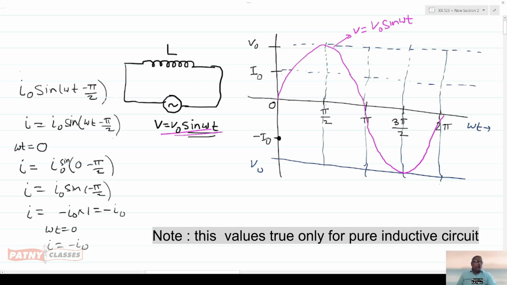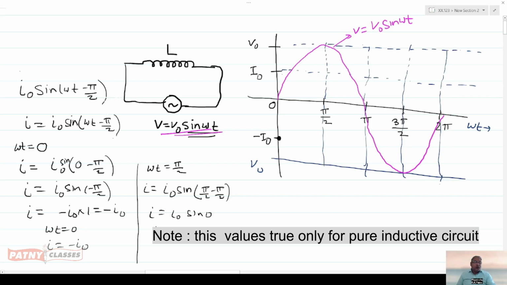First of all, let us plot the points, then we will join them to get the graph, as we did in the 10th standard when we used to draw graphs. The same way I am trying here. Now let us take omega t equals pi by 2. Then I get I equals I naught sin of pi by 2 minus pi by 2, so I equals I naught into sin 0.